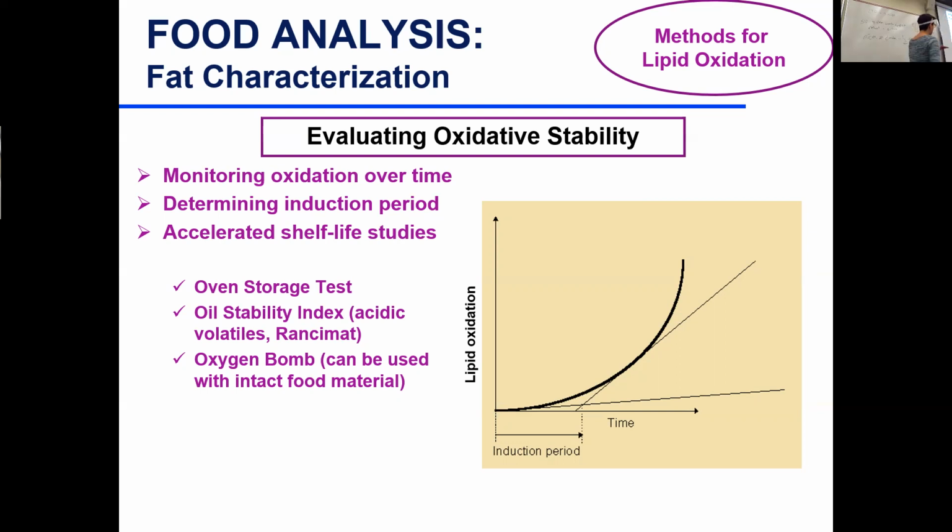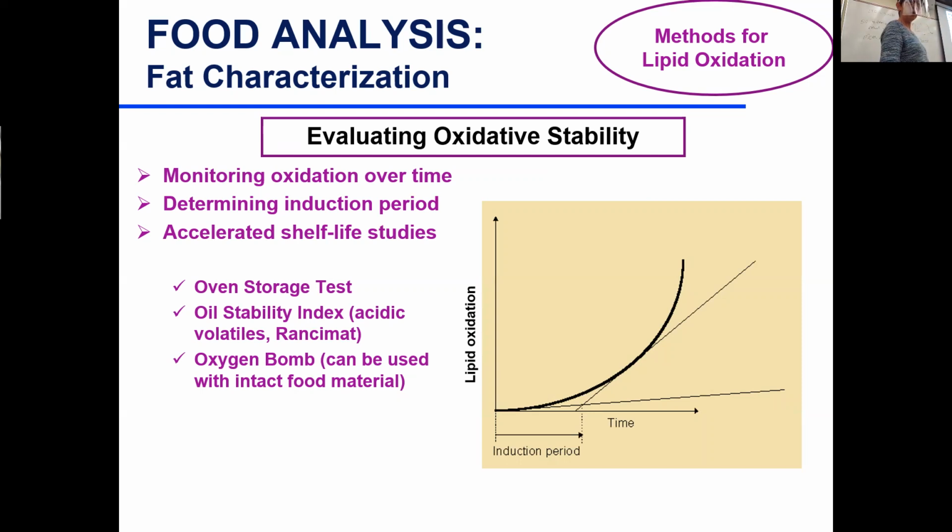But to do that for actual prediction, we use 60 or 80 degrees C, and then we take samples at different days, and oftentimes we just measure lipid oxidation by peroxide value. So lipid oxidation often is measured by peroxide value in this oven test method.